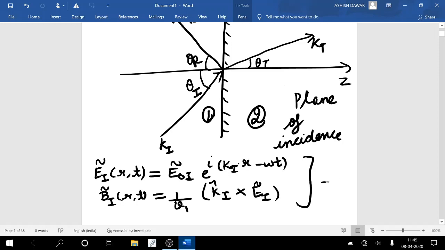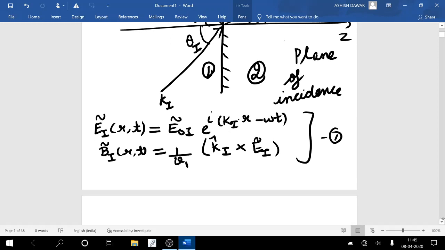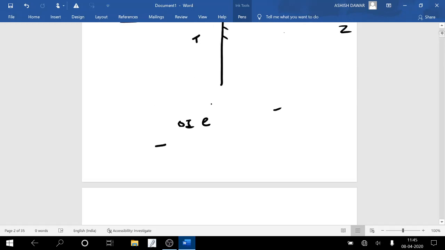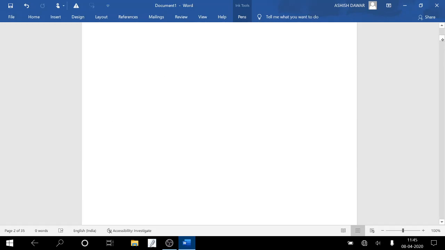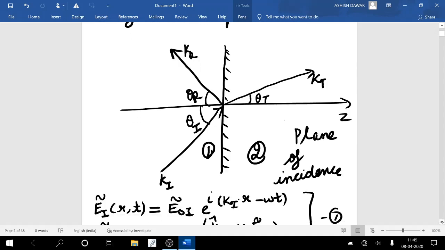These are the equations for the incident wave approaching from the left, and it gives rise to a reflected wave, as seen in the diagram above, making angle theta r, and a transmitted wave making angle theta t.